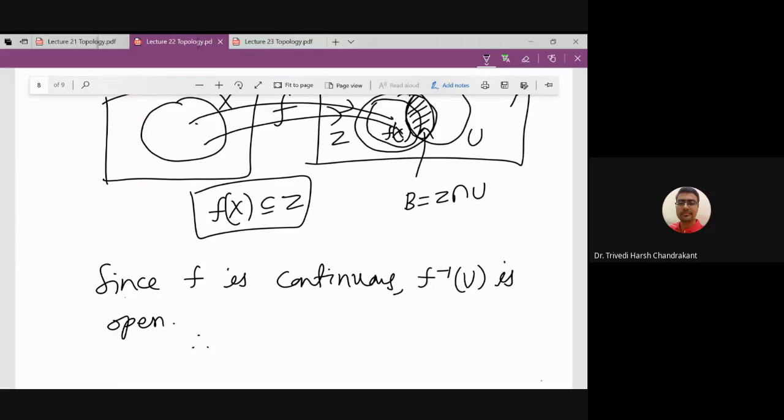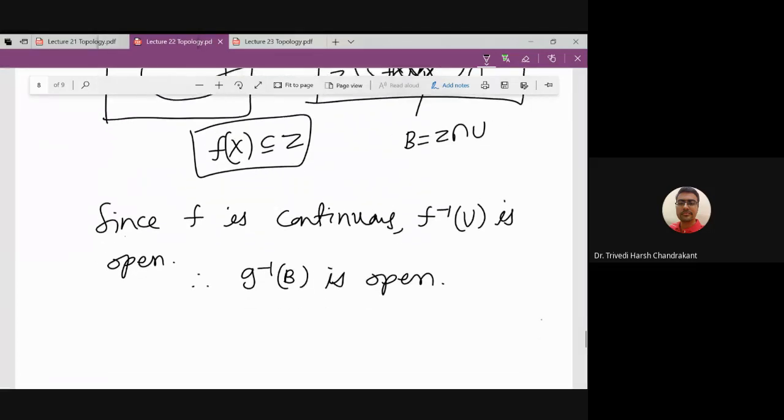So G inverse B is open, and therefore G is a continuous function. So this restriction map, restricting the range, is continuous. That is what we proved.